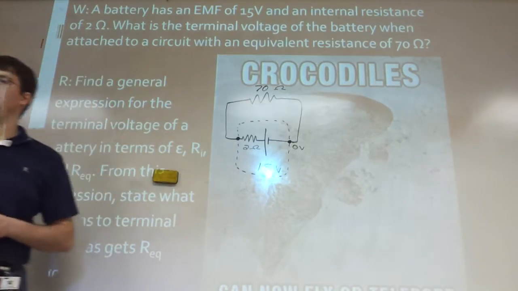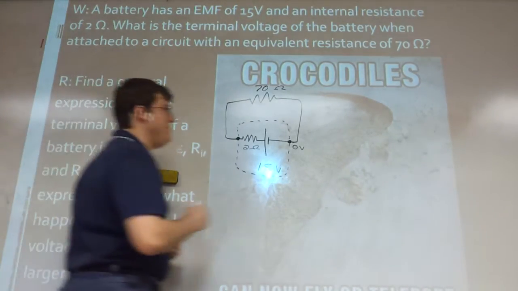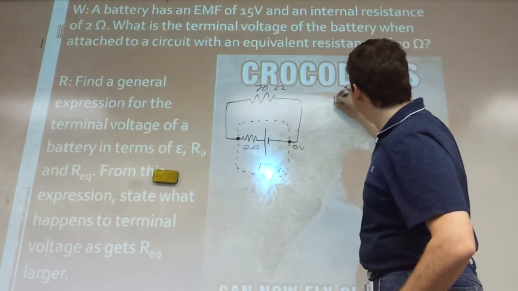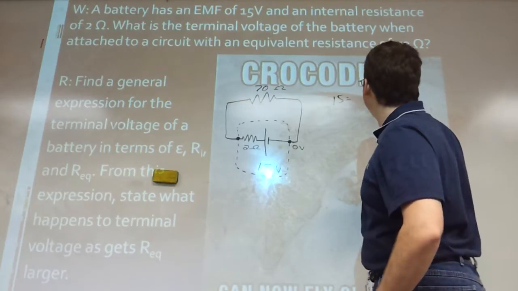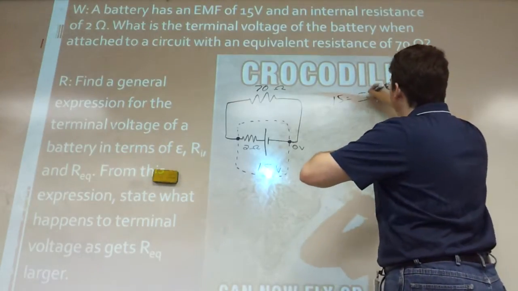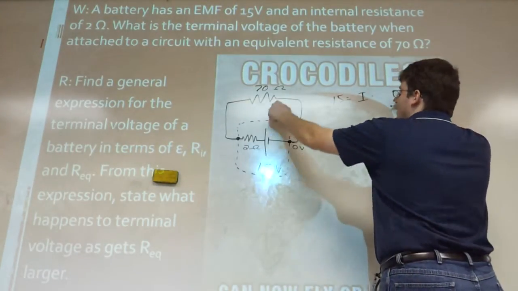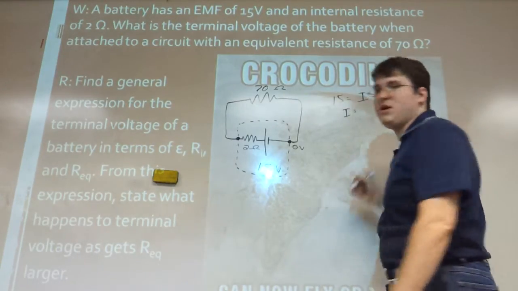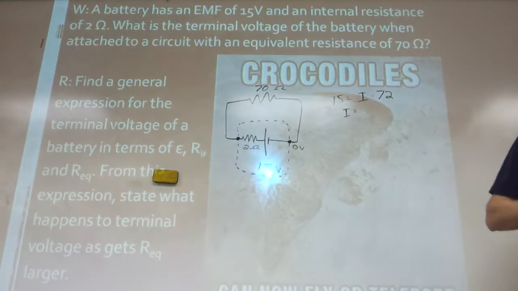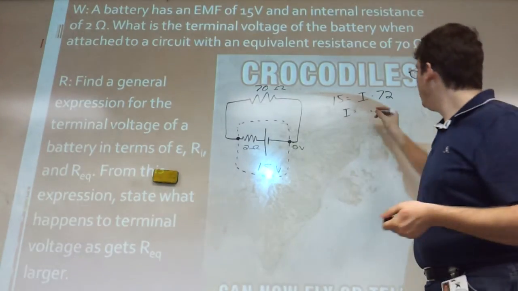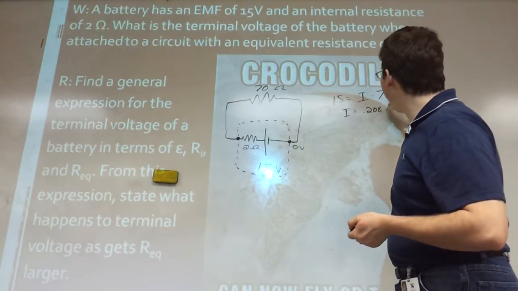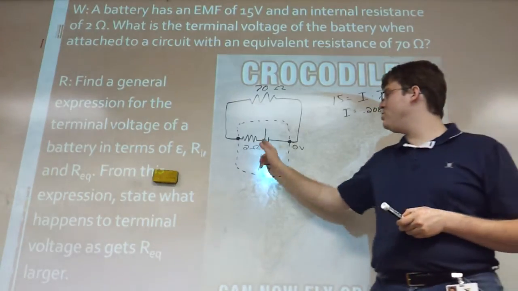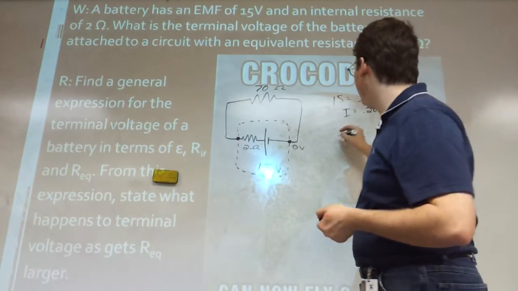To do that, we first find current. Total voltage, 15, equals current times total resistance, 72. What's my current? 0.208 amps. So we're going to take that current and find the drop across the 2 ohm resistor.